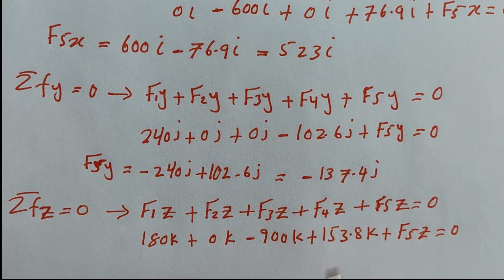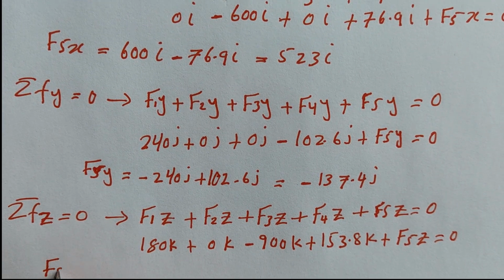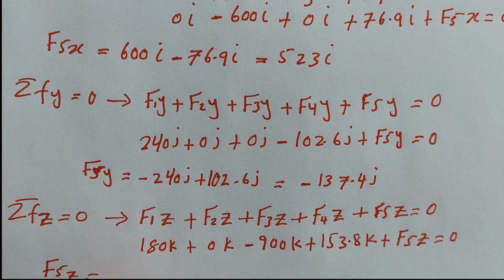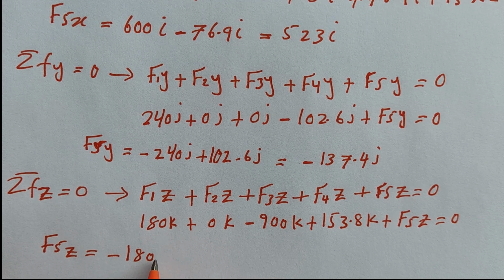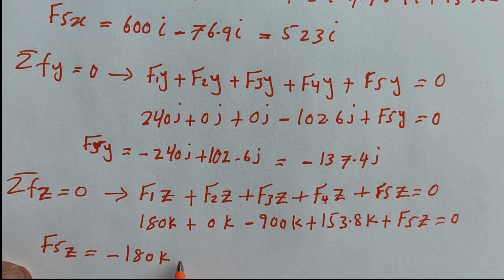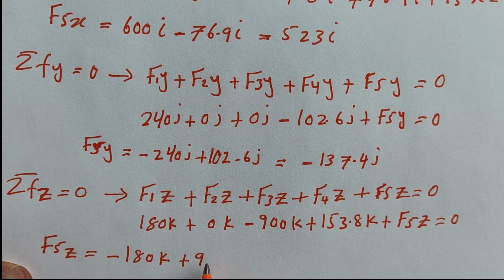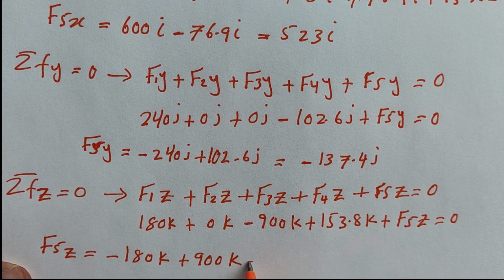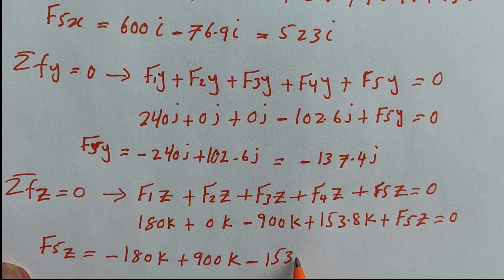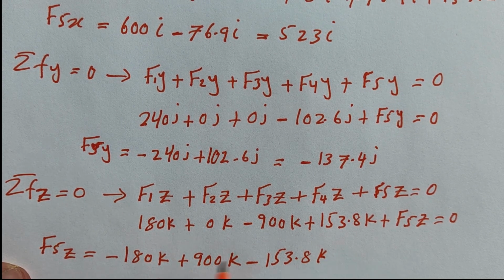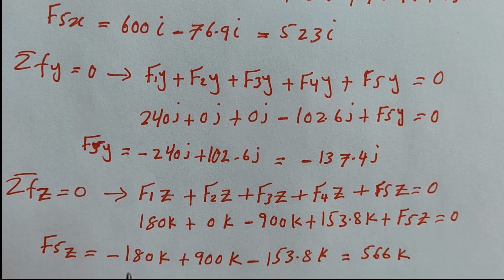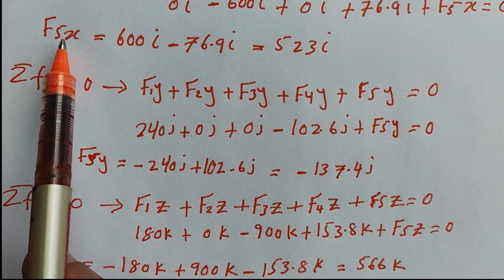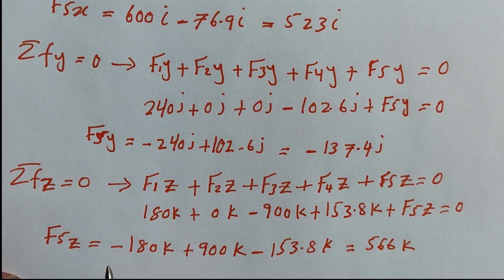All of that should equal 0. So solving for F5 on the z-axis equals negative 180k, plus 900k, negative 153.8k. All of this will equal 566k.